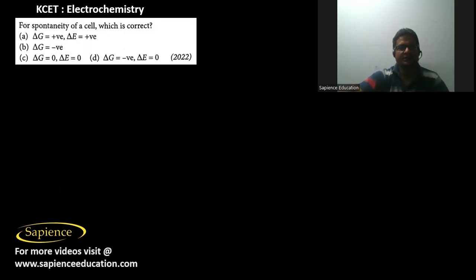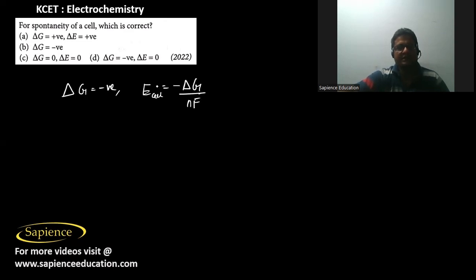For spontaneity of a cell, which is correct? For spontaneity, the change in Gibbs free energy delta G should be negative, and we know that E cell equals minus delta G by NF.